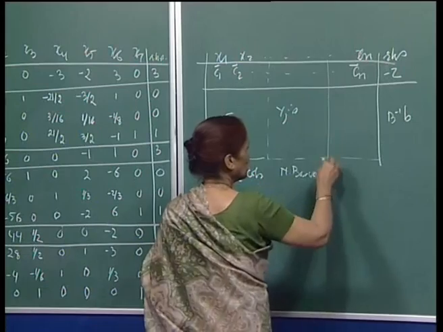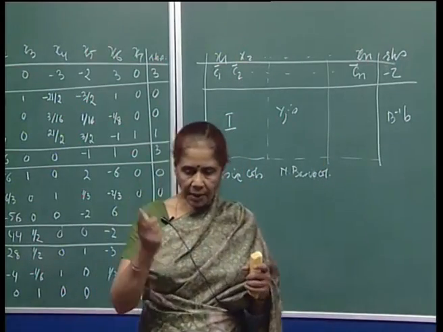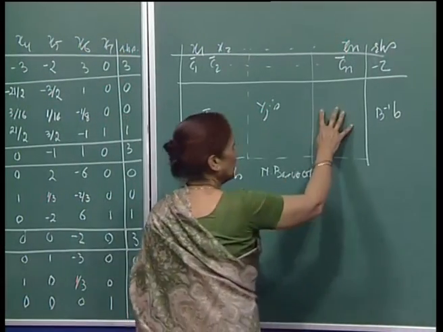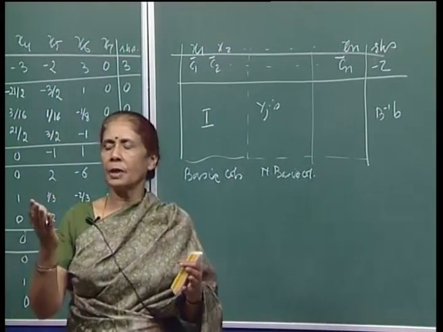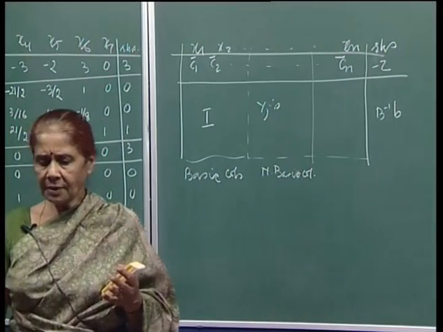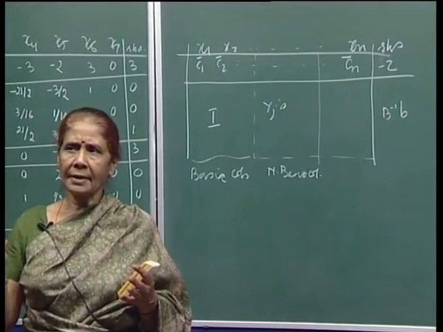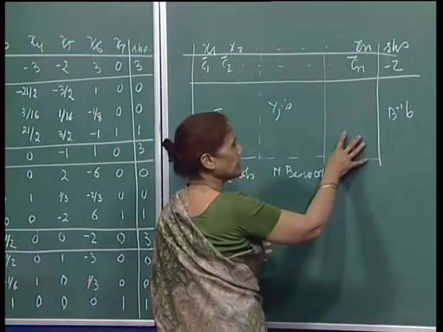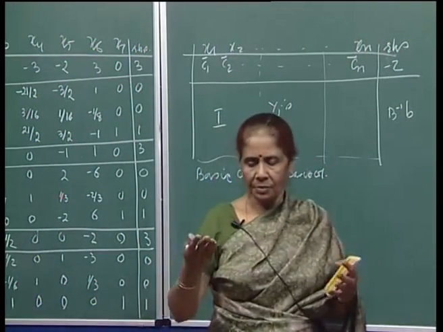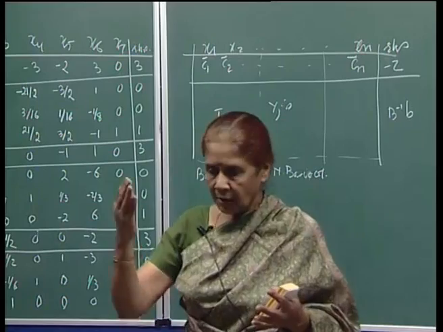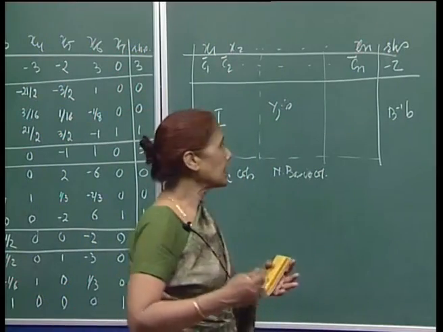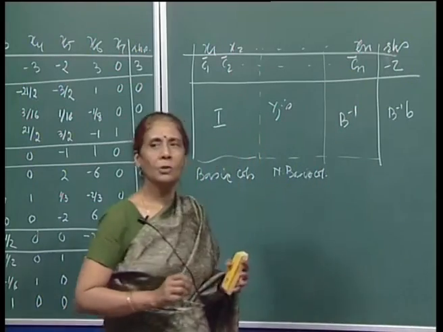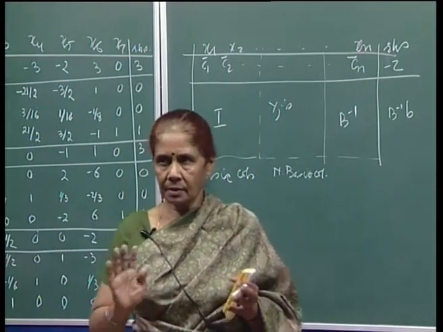As we saw, if you started with an identity matrix here, you could read your initial basic feasible solution. That means if you have all slack variables added to all the constraints, then you will have an identity matrix, and you can read your basic feasible solution right away if your vector b is also non-negative. So, that will always give you B inverse, but this is not necessary, always.